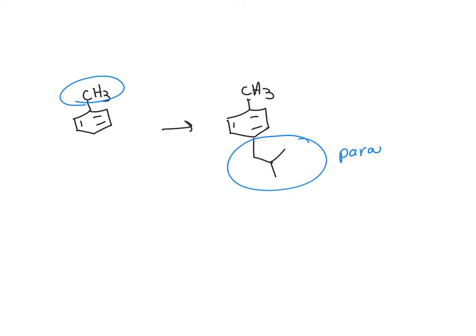And you need to ask yourself, is this activating or deactivating? Well, alkyl groups are electron donating groups. Even though they don't have a lone pair, they are electron donating, and they do it through induction through the sigma bond, and therefore they're going to be ortho para directors, and they are activating, which means that their reactivity is going to be faster than benzene itself.